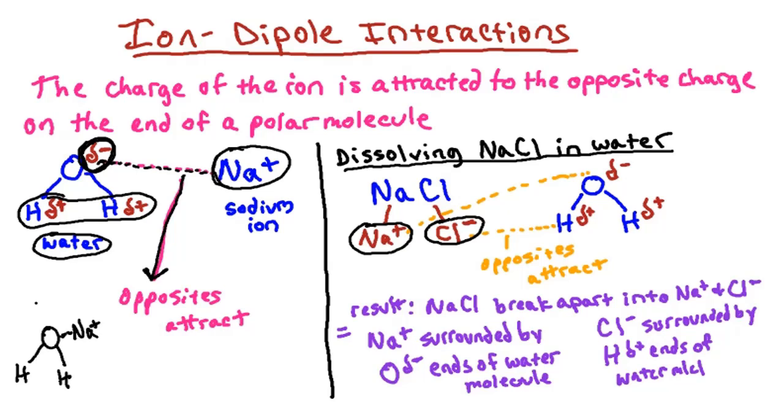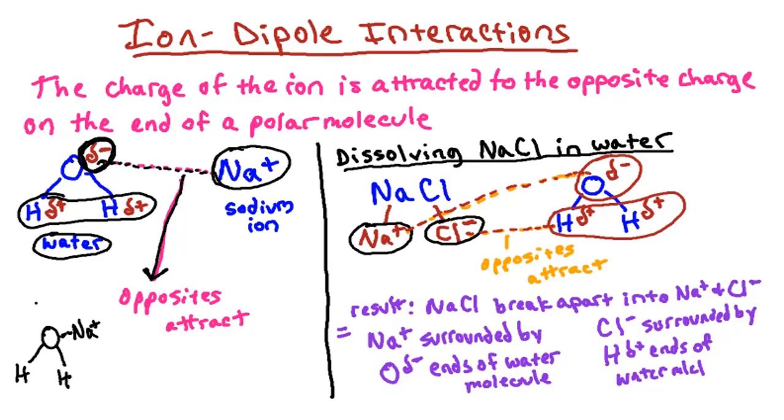The Na that has a positive charge is going to be attracted to the negative charge end of the water molecule, which is the oxygen end of the molecule. And the negative chlorine ion is going to be attracted to the positive end of the water molecule where the hydrogens are.